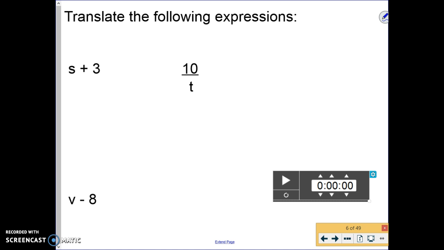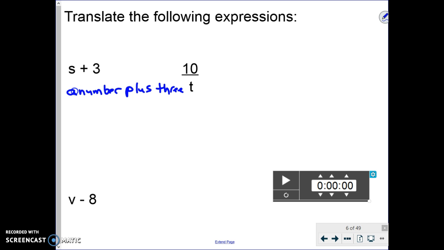So I think the first one there, s plus 3, is a pretty easy way to start with. So instead of saying s, though, because s is a variable, I'm just going to say it's a number plus, that's the English word for addition, and then the number 3.